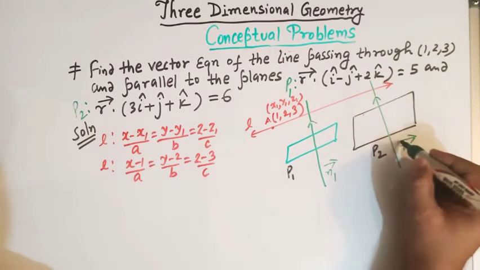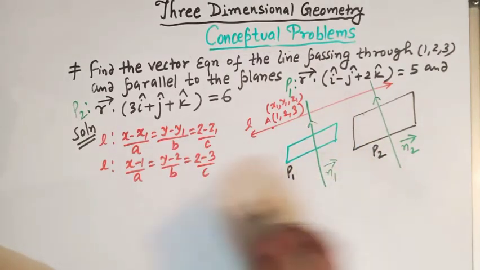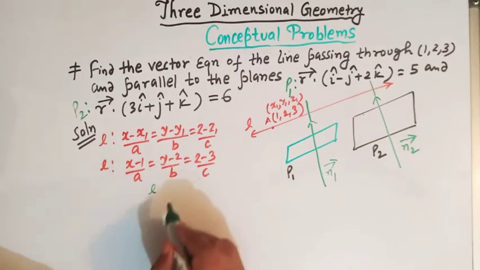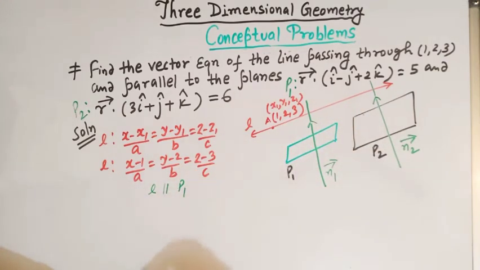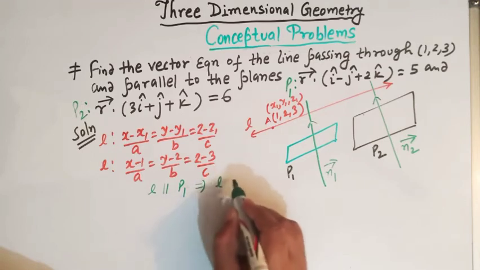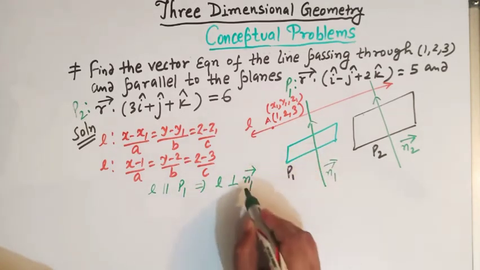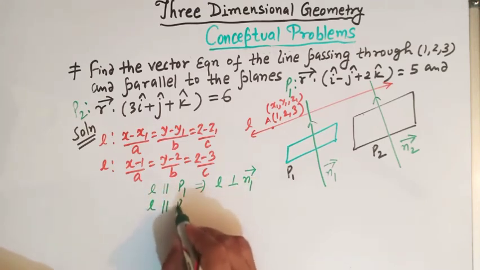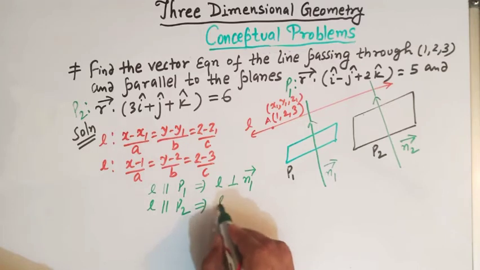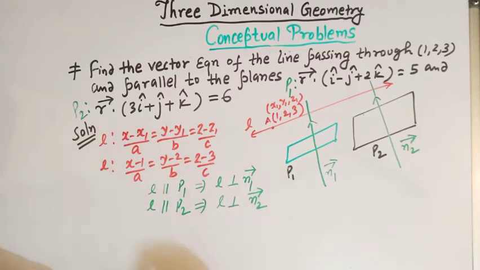Now this line L is parallel to the plane P1. This implies that L is perpendicular to the normal vector n1. Similarly, L is parallel to P2. This implies that L is perpendicular to vector n2.